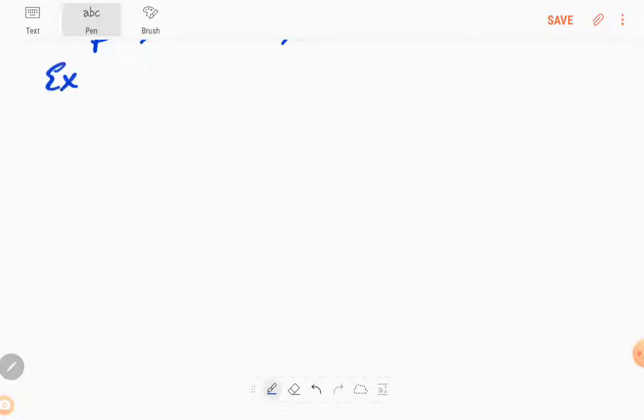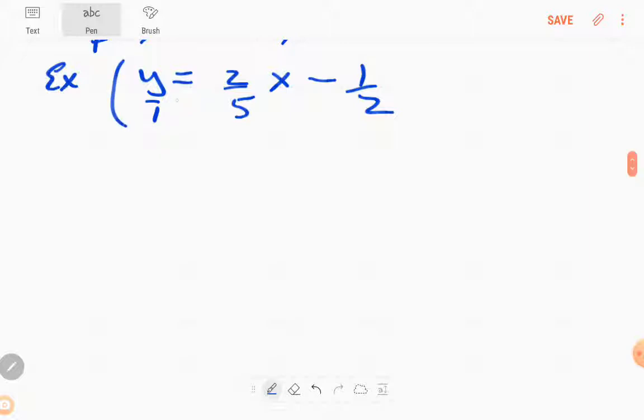So suppose we're given y equal to 2/5 x minus 1/2, and we're asked to write this in standard form. Then the LCD here would be 10. This is y over 1. The LCD here is 10, so I'm going to be dividing each one individually by 10.